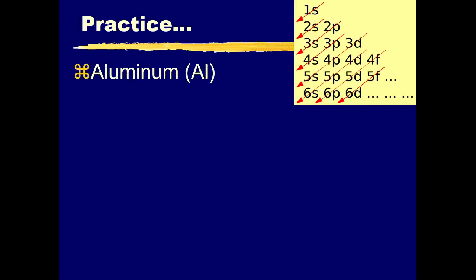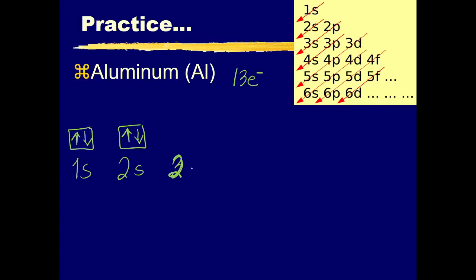What about the element aluminum? What is the 13? So there are 13 electrons. Let's start with 1s. That's 1, 2. Next is 2s. We have 1, 2. Next to 2s is 2p, not 3s. 2p.